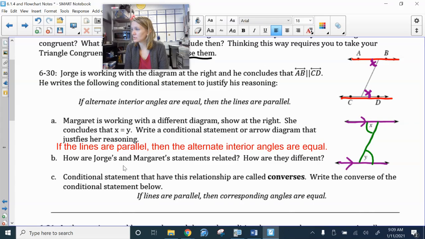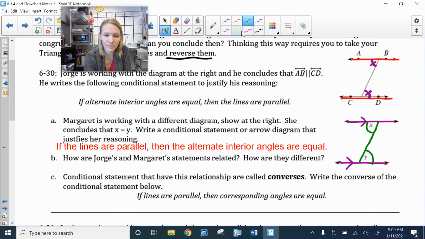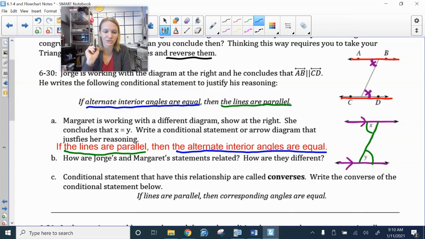George started with equal angles and was able to conclude that the lines were parallel. How are their statements related? How are they different? Well, if we look at the words, we have: alternate interior angles are equal, the lines become parallel. When we look at our statement, we started with the lines are parallel and we end with the alternate interior angles are equal.